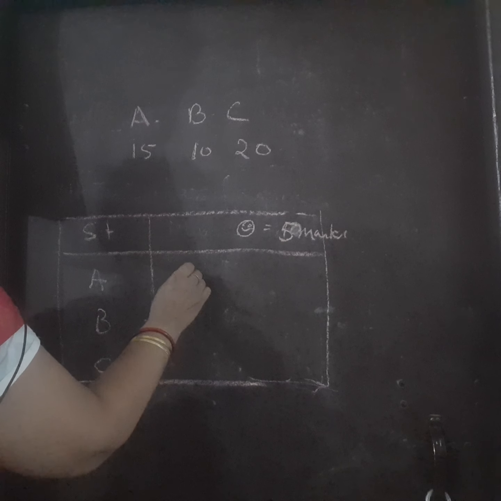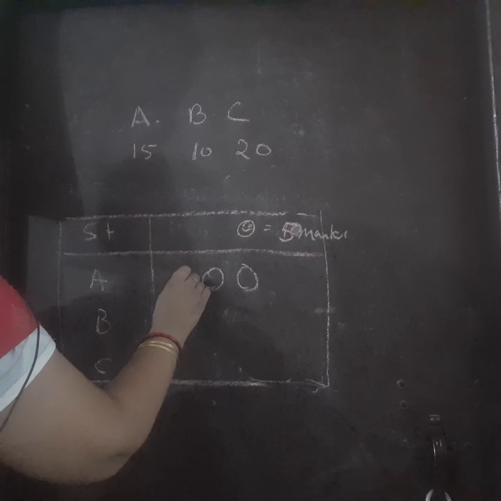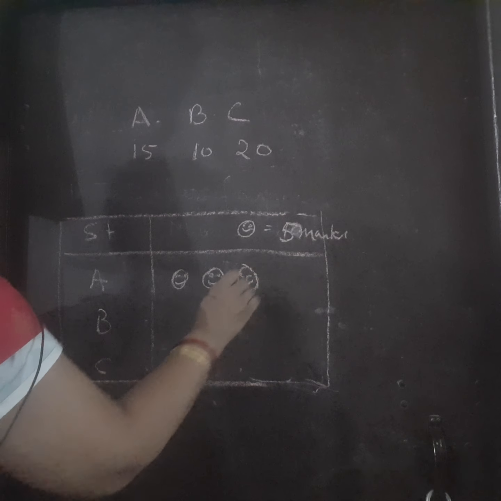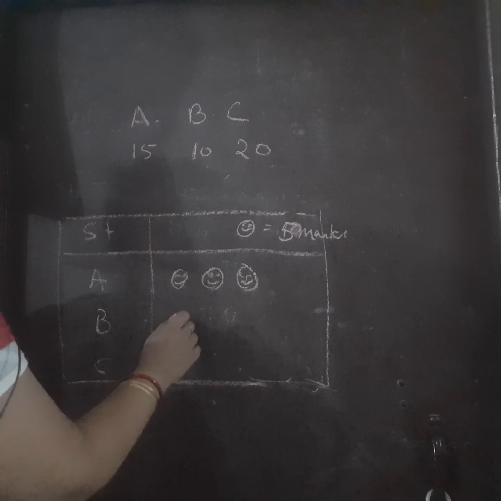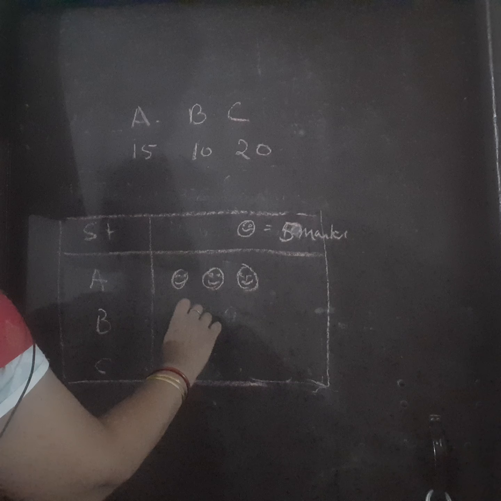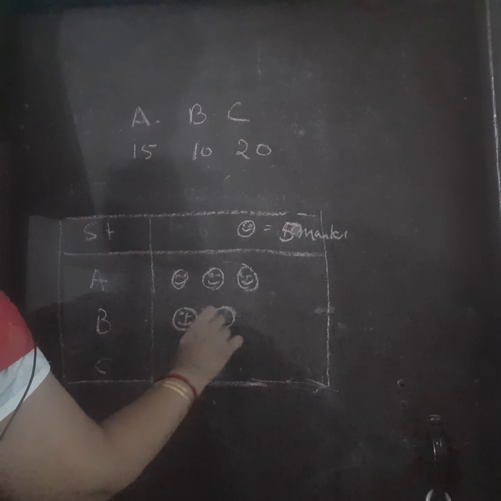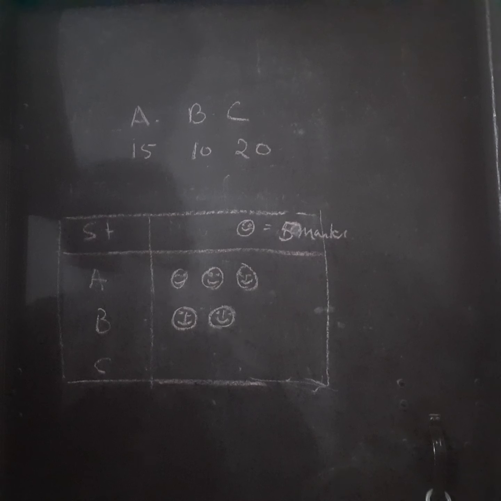15. It means 1, 2 and 3. That is, this symbol will be drawn and it is pictorial representation of the marks. Now B got 10 marks, so for B there will be 2 pictures which will represent the marks, that means 10 marks.